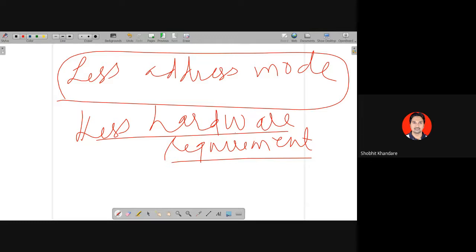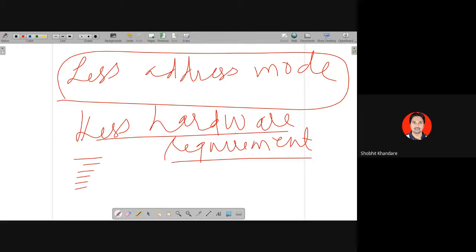When you talk about hardware requirement, it requires less because, as I have told you, the instructions would be more per program, because for every task we have a dedicated instruction.